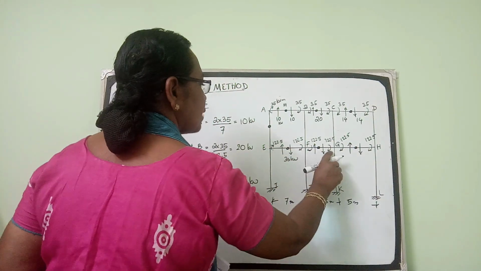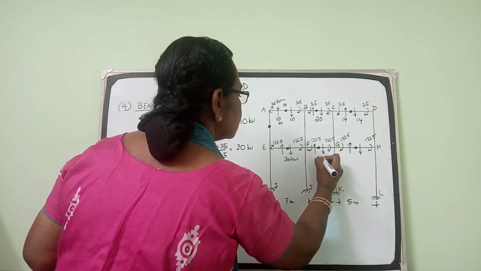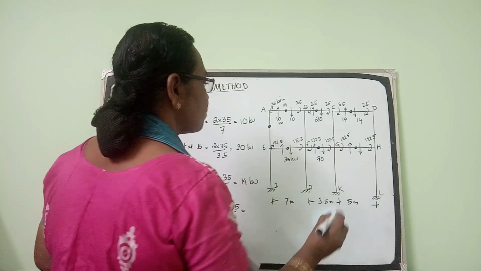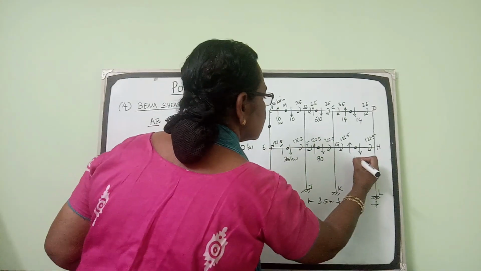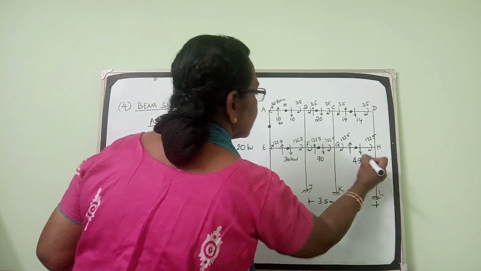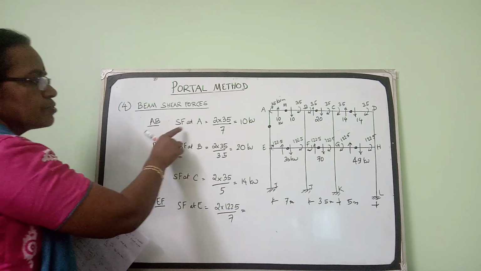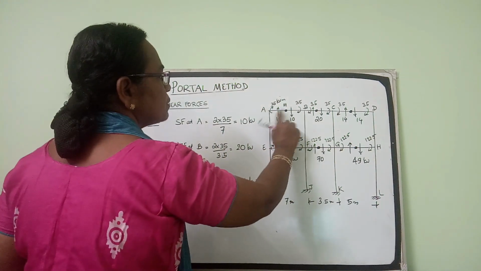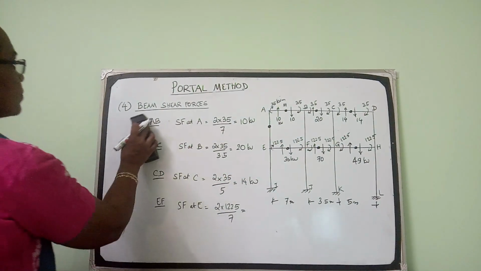This will be 2 times 122.5 divided by 3.5, this will be 70. 2 into 122.5 divided by 5, this is 49. So now we have got the beam shear forces. Beam shear force is the sum of the bending moments at the two ends divided by the span.